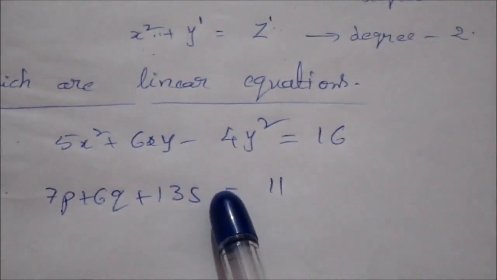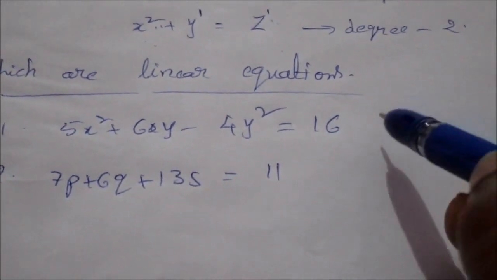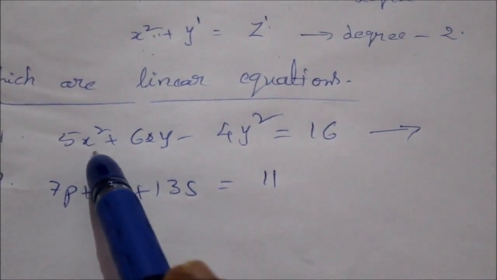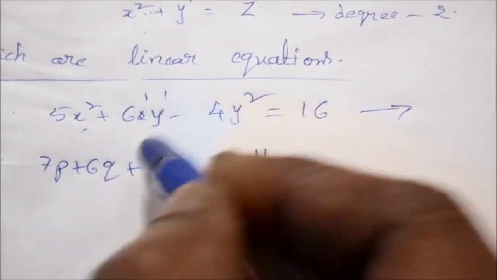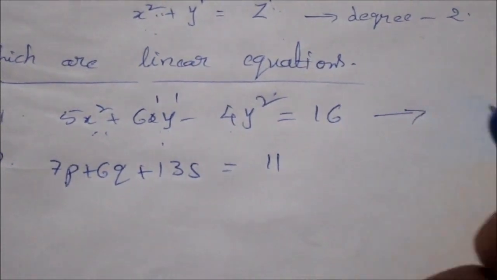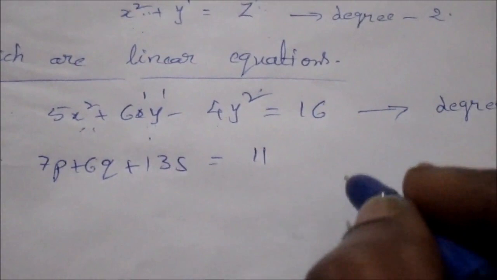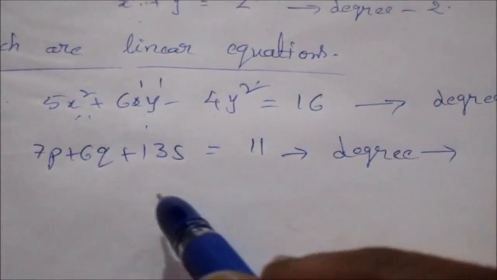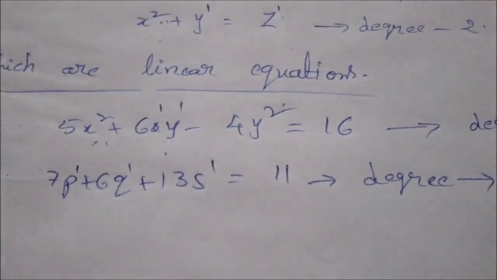Consider 2 more examples. Which one is a linear equation? First we have to find the degree of the given equation. Here x has exponent 2, x has 1, y has 1. That means total 2, so 2 is the degree. And in this equation p has only 1, q 1, s 1.